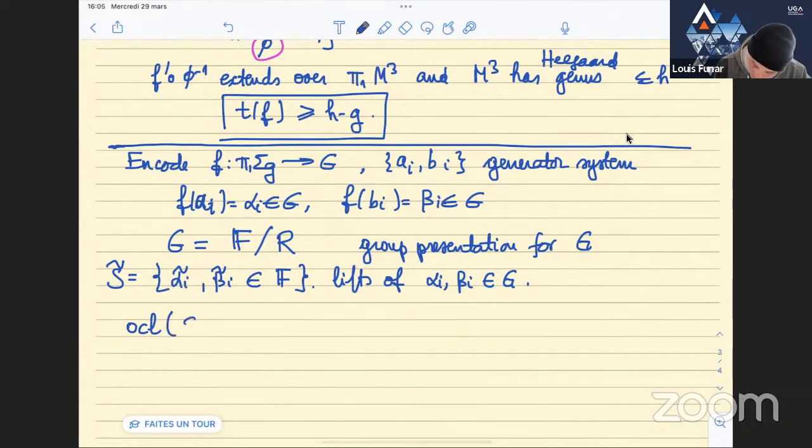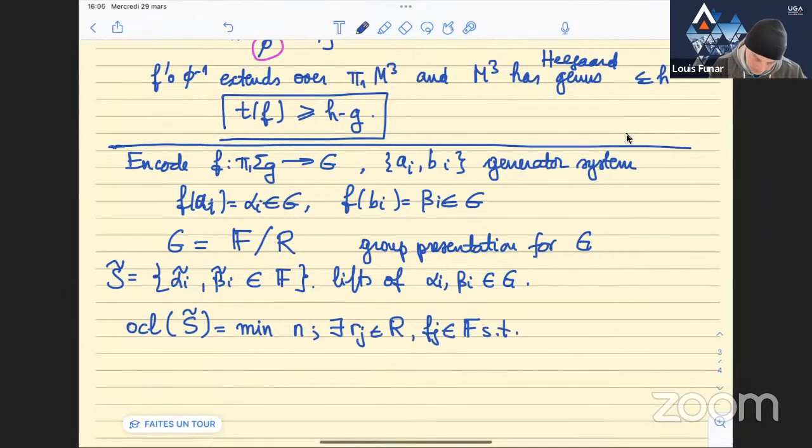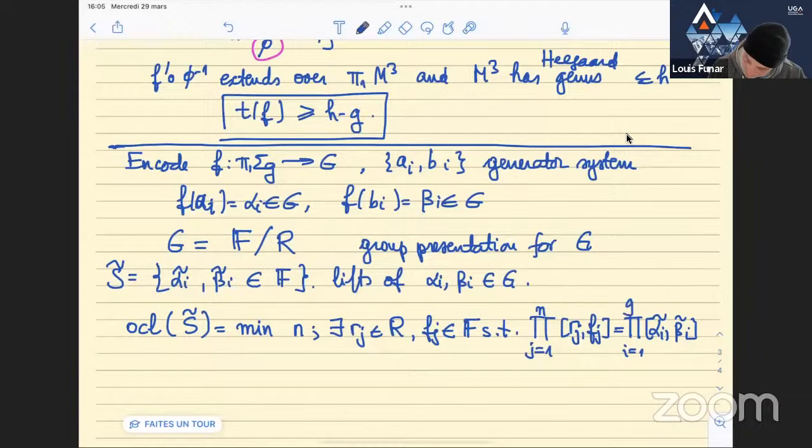I'm taking the minimum of n with the property that there exist Rj in the group R, Fj in the group F, such that the product of the commutators of Rj and Fj, from j equals 1 to n, is actually the product of alpha_i tilde and beta_i tilde from 1 to g.